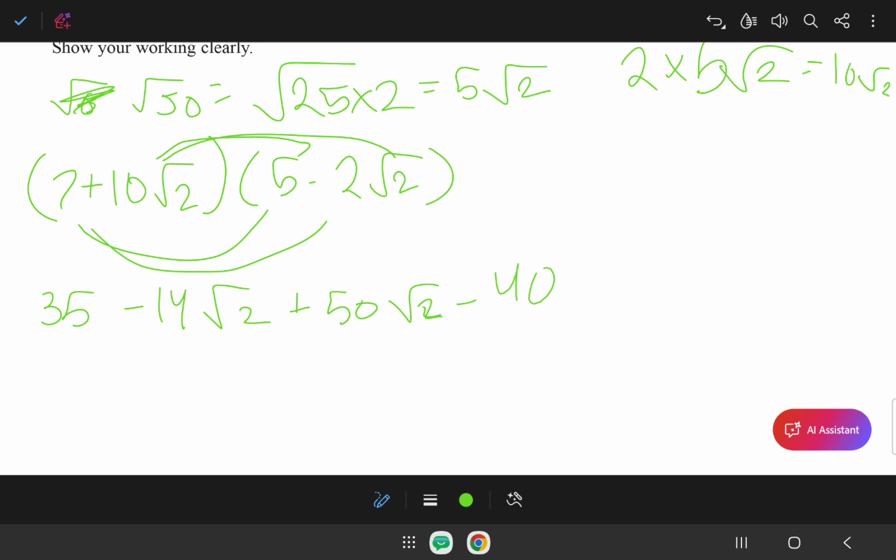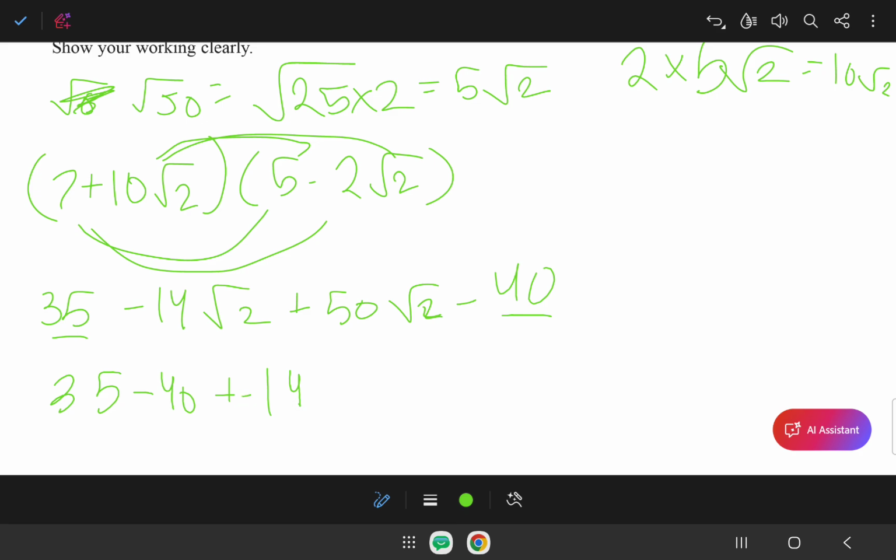So now we have to collect the like terms. 35 minus 40 equals minus 5.